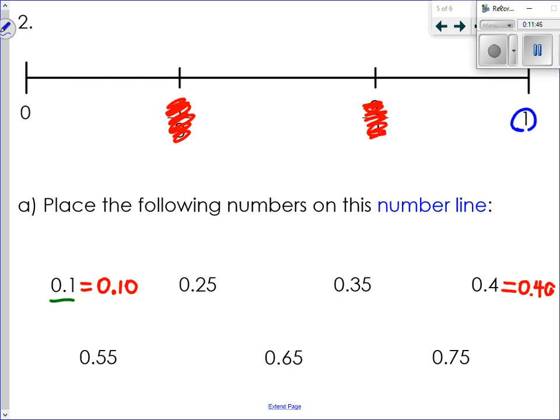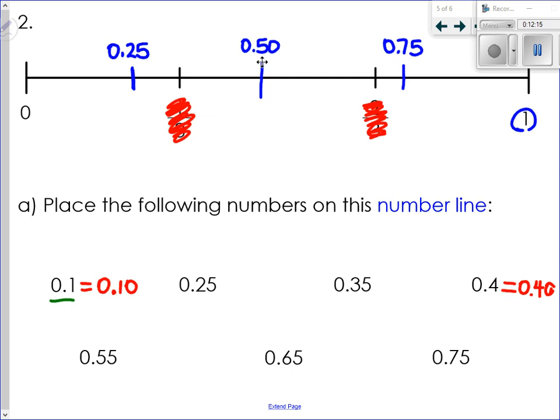So halfway will be right here. How many hundredths is halfway? 50 hundredths, right? Let's think of half of that then. What's half of 50 hundredths? 25 hundredths. And halfway between 50 hundredths and 100 hundredths would be 75 hundredths. Right. I'm going to use those benchmarks instead.